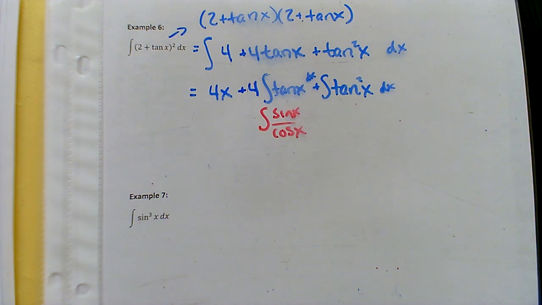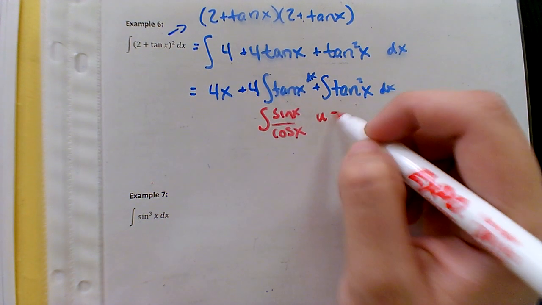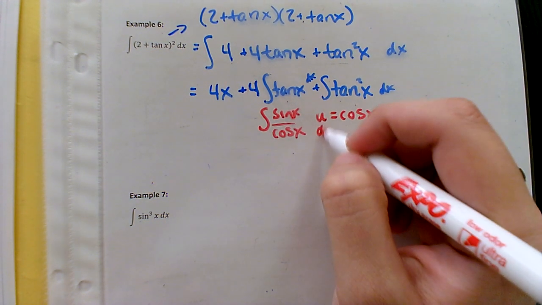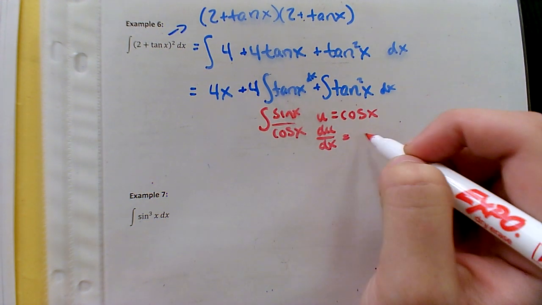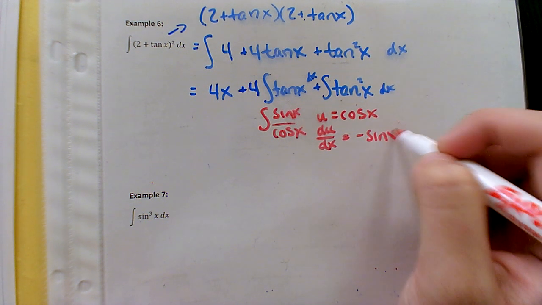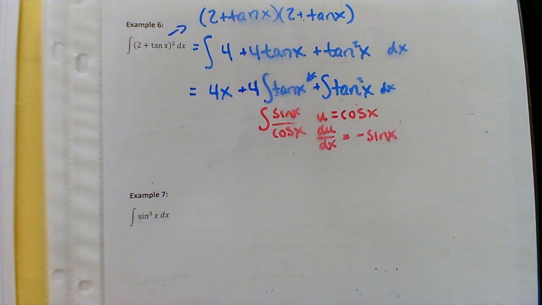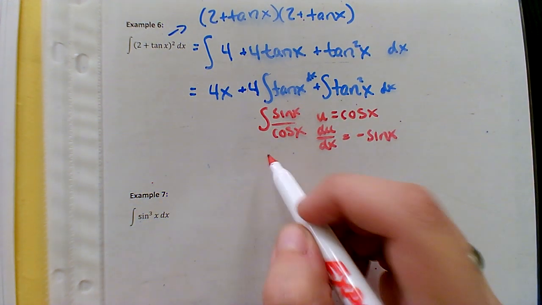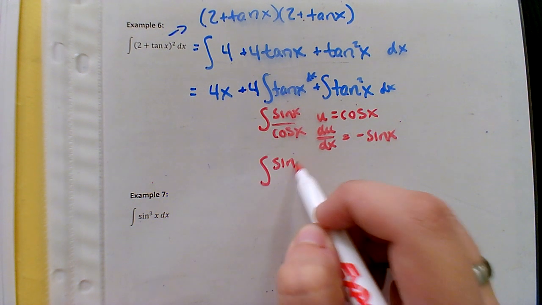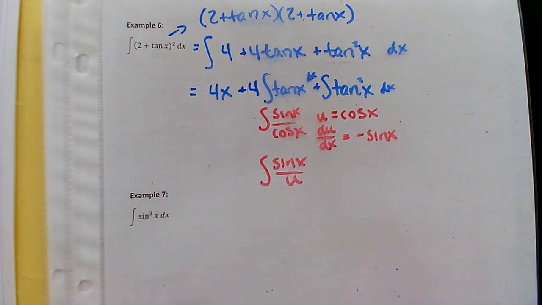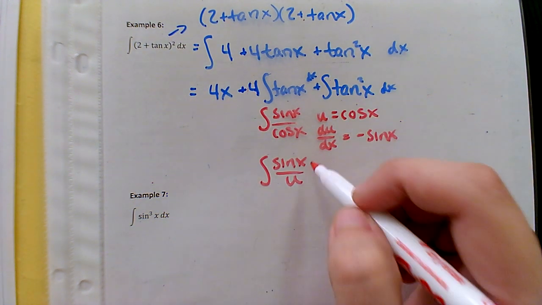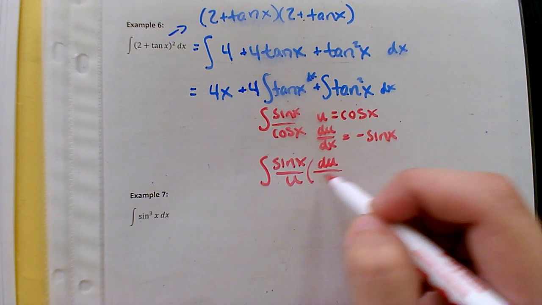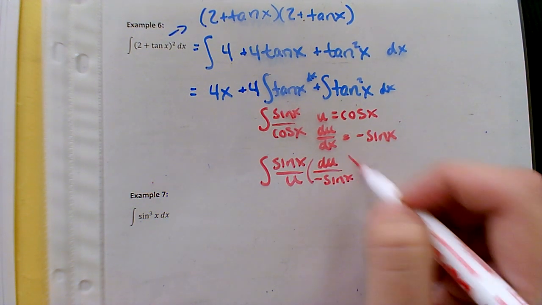What do you want to let u be? Cosine. So du, the derivative, would be negative sine. If we rewrite it, sine of x over u, and then solving for dx, we would have du over negative sine.